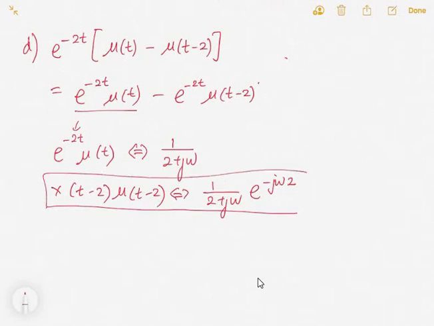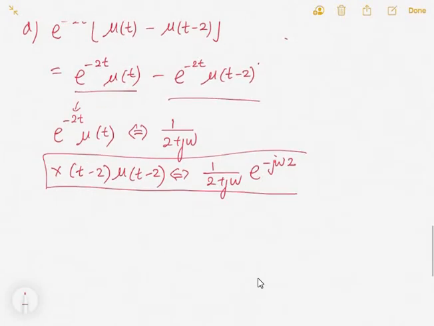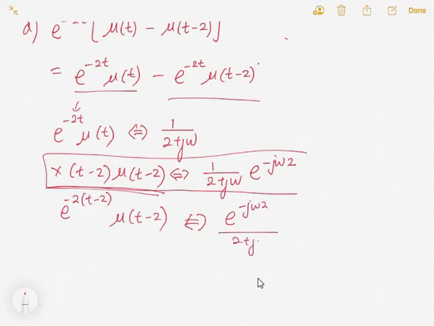Now back to your question, you have e^(-2t) u(t minus 2), right? So if we convert this one into the exponent form, you have e^(-2(t minus 2)) u(t minus 2). And then what do you get? That one is e^(-j omega 2) over 2 plus j omega.